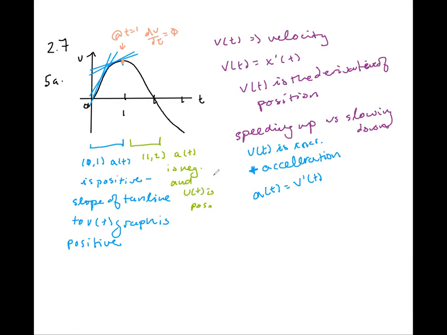So I'm making this distinction between this portion of the graph and this portion of the graph for one important reason. When we're gauging velocity, we have to relate it back to the initial point, because the velocity is the derivative of the position graph. So it always relates back to the initial position.